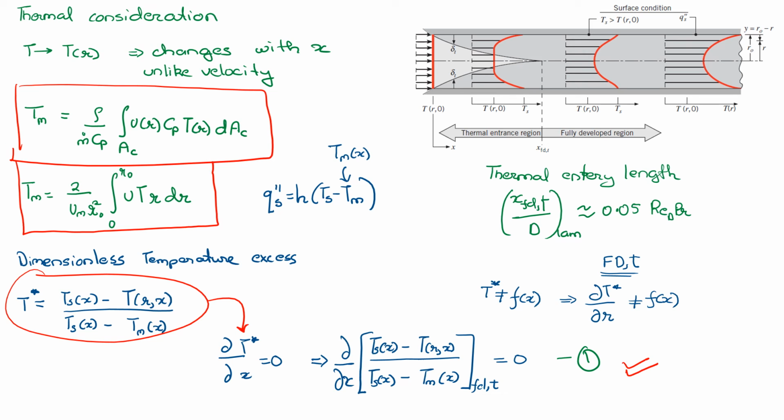So to satisfy this condition, I have an equation which states that for a fully developed thermal flow, my dT star by dx is equal to 0, and substituting the value of T star, this is the relation that I get, and I'll call this equation 1.